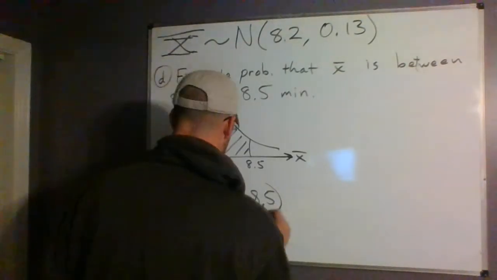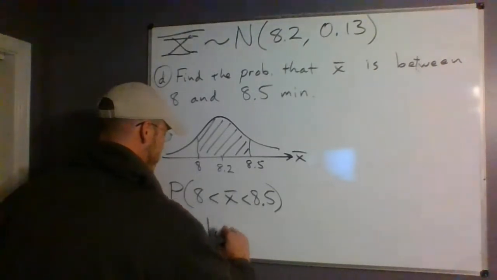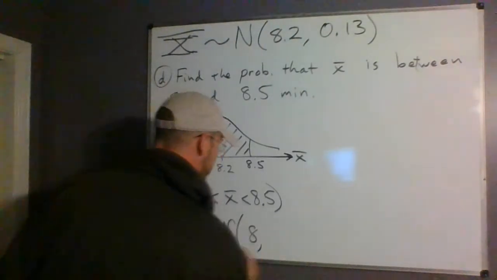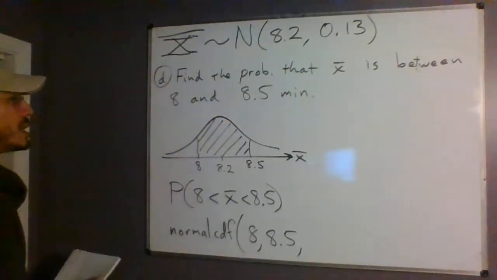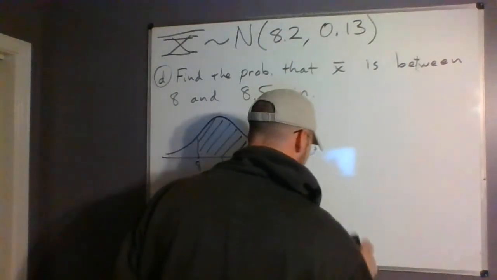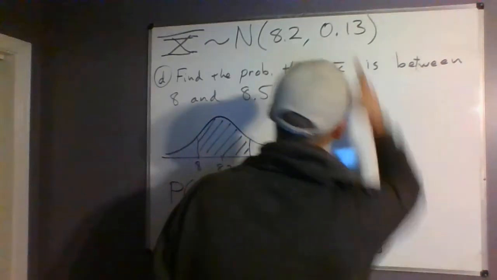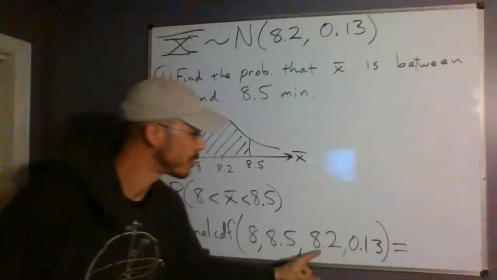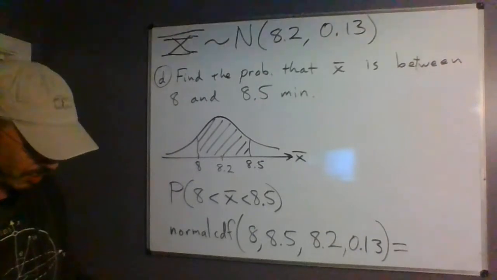I'll find this using the normal CDF function with a lower bound of 8, an upper bound of 8.5, a mean of 8.2, and a standard deviation of 0.13. So lower bound, upper bound, mean, and standard deviation, in this case for the sampling distribution, the one that we modified.